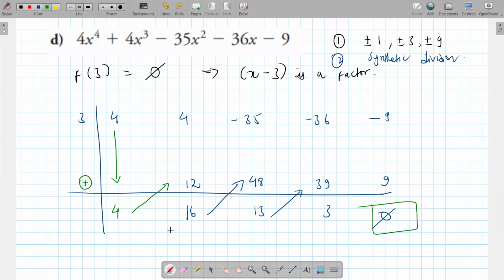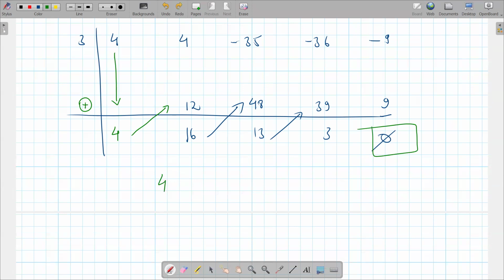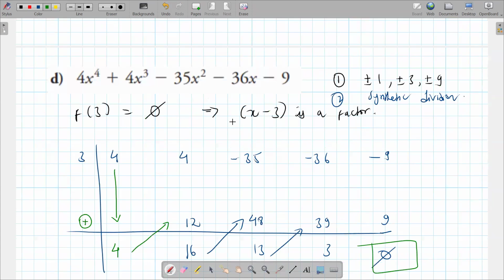So your quotient is going to be 4x cubed plus 16x squared plus 13x plus 3. So that's your quotient. How do we factor a cubic function? It's the exact same thing, yeah? Exact same approach as we just did. What's the first step? What did we do up here?